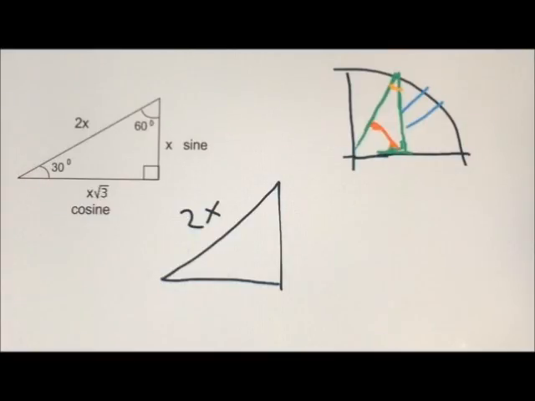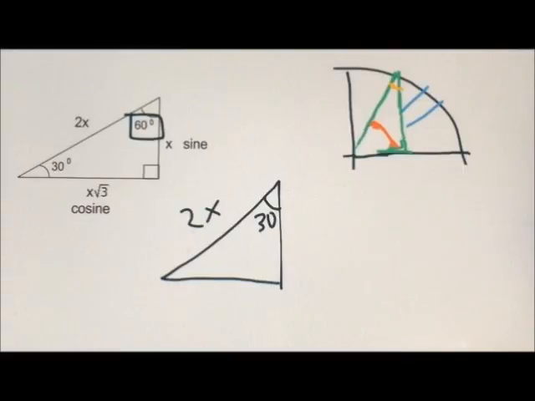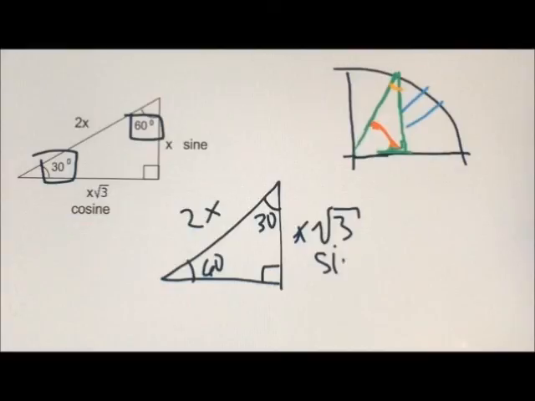Instead of having the 60 degrees up here, it would now be 30 degrees, and instead of 30 degrees here, it's going to be 60 degrees. And so the leg between 30 degrees and 90 degrees is now x times the square root of 3, which is sine, and the leg between 60 degrees and 90 degrees is going to be x, which is cosine.